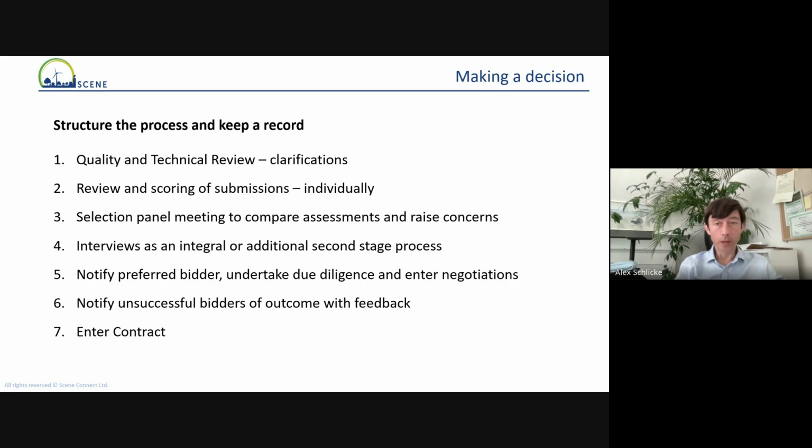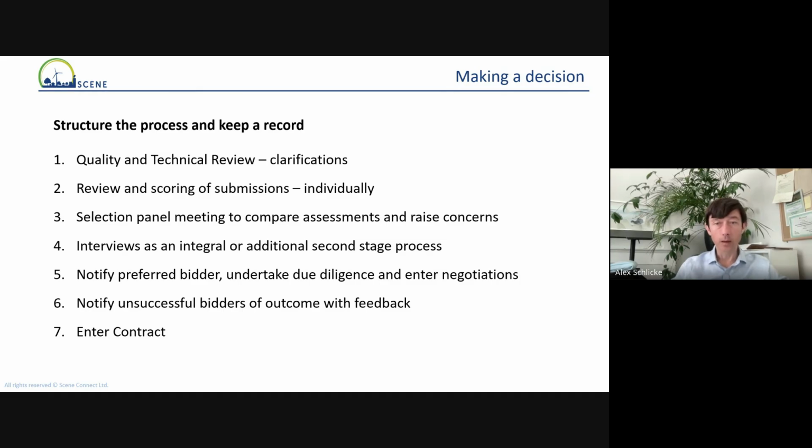Now, all of that perhaps sounds like quite a lot of work, but it is important, particularly at the construction stages, to make sure that you're picking a company that you can work with, because ultimately you might be working with this company for a year or more, and having a good working relationship with them is really important.